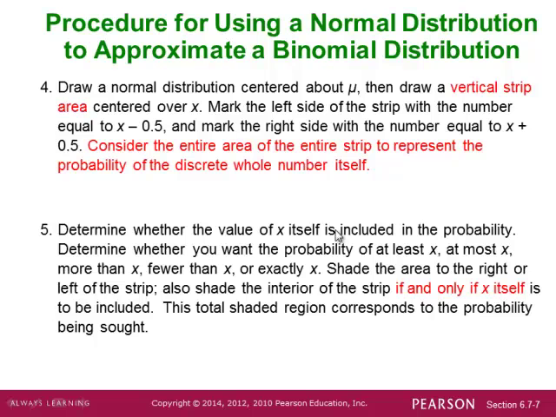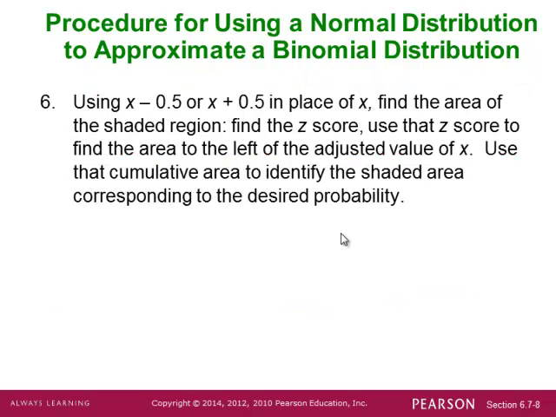Determine whether the value of x itself is included in the probability calculation. And if it is, then you will include it by including that whole strip. But if your probability calculation is strictly a greater than or a less than, then you will not include that strip, as we shall see in our example here.